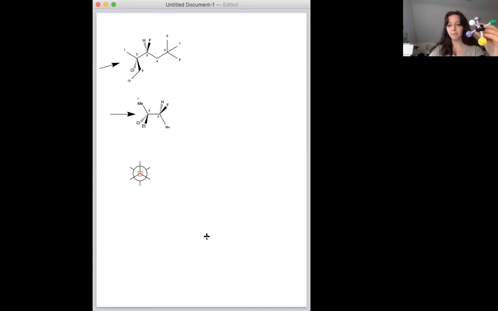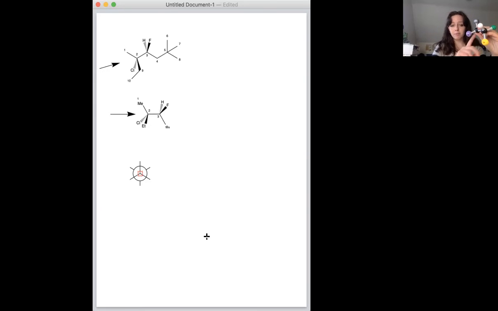Because if I build my model and I have a Sawhorse projection when I look at it from the side, and a Newman projection when I look at it right down the bond, that takes a lot of mental gymnastics. Instead I'm just keeping all of the atoms in one place, really visualizing this as a 3D entity and making a lot fewer mistakes than when you just say, okay, so I imagine that methyl would stay here, chlorine would go here. It's like, no, I just rotated the molecule in space, so I know exactly what's going to happen.